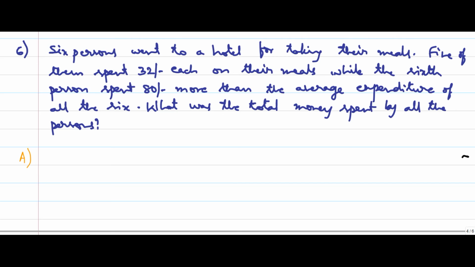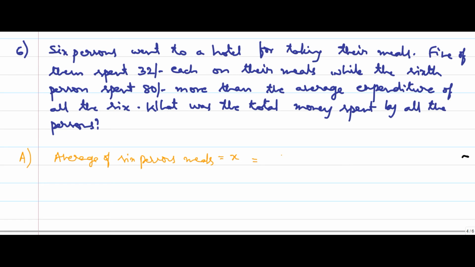Okay, this is very interesting question. So first we need to see which part we want to identify. So let me have average of 6 persons meals equal to X. Average of 6 persons meals is equal to X. So now what will be this? This is the sum of the observations divided by total observations.